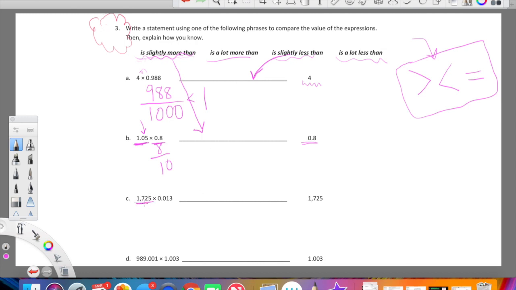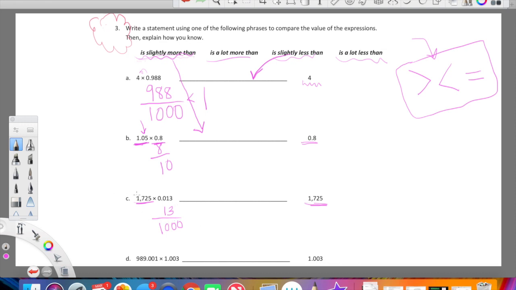So we have 1,725, our base number, multiplied by 13 thousandths. That is a teeny, tiny number. 13 thousandths is very small. It's much less than 1.